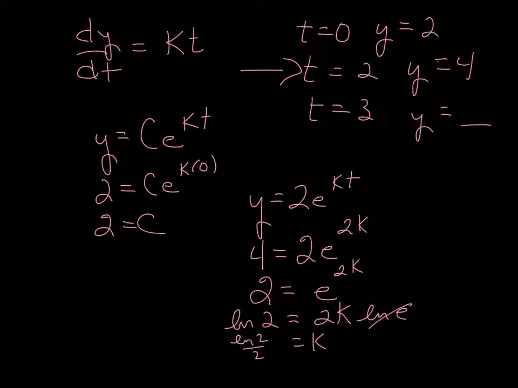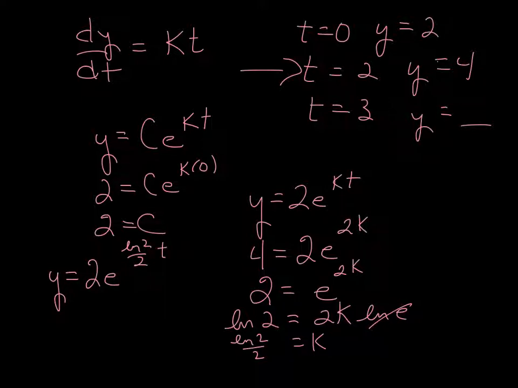Do not use an estimated value for the natural log of 2 over 2. If you're going to have to pick this up and use it several times, you can store that in your calculator so that it gets the exact value. Our equation that we now have is y equals 2e to the natural log of 2 over 2 times t.